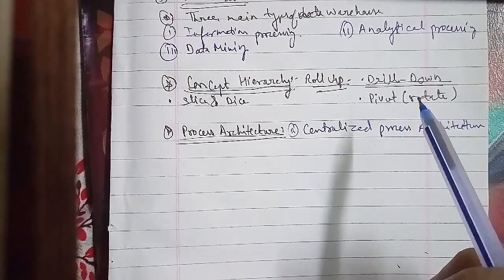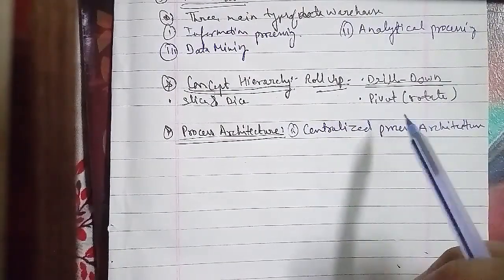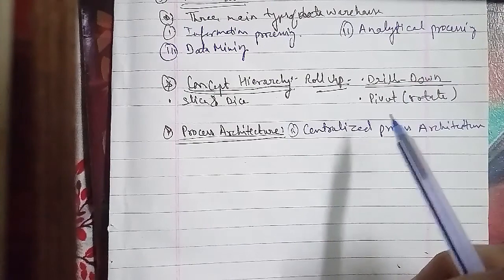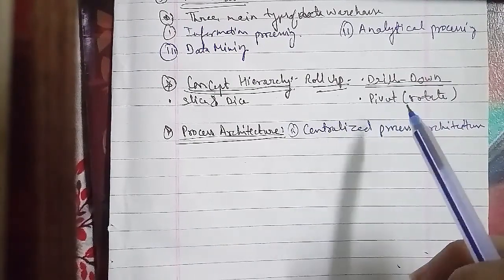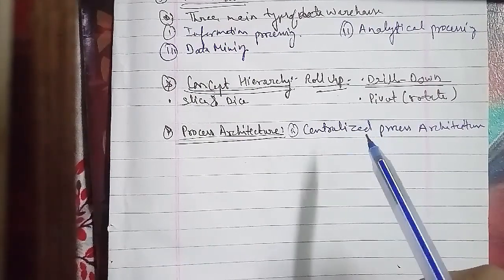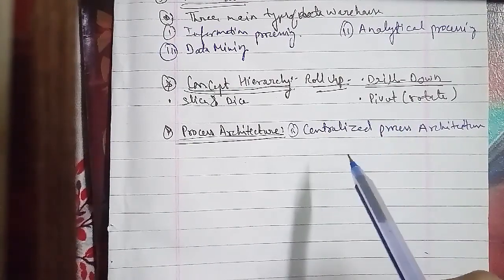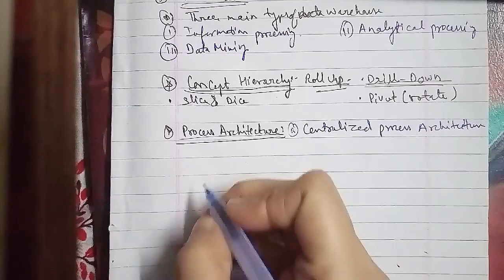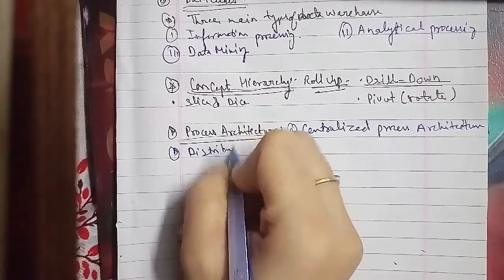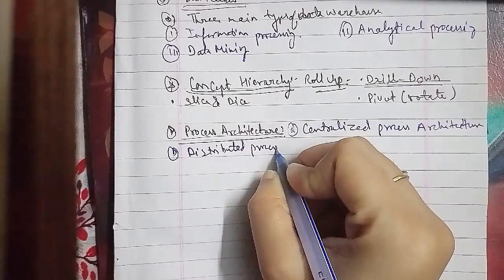Talking about the second one, we have the distributed process architecture. In this architecture, the data and its processing are distributed across data centers, and the processing of the data is located with a group, with the results sent to the centralized storage.